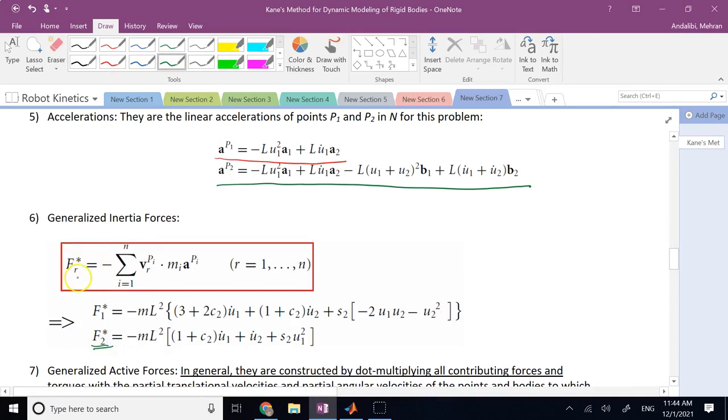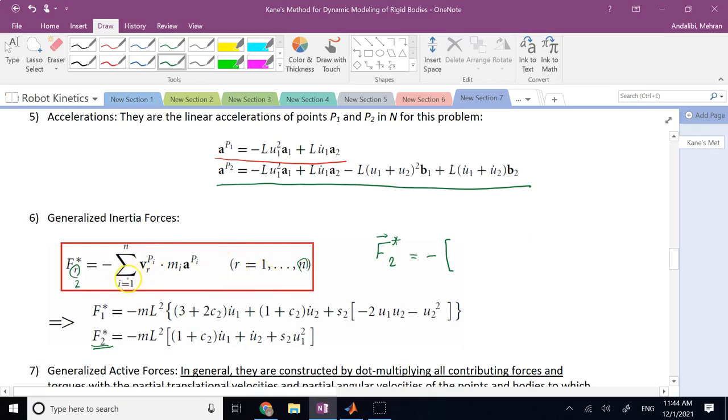F star 2 means R should be equal to 2. So what do you get? F star 2 equals what? Based on this formula, R is always 2, but I can go from 1 to 2 because n is also 2, the same n that you have here. So I goes from 1 to 2, and R one time goes 1, one time goes 2.